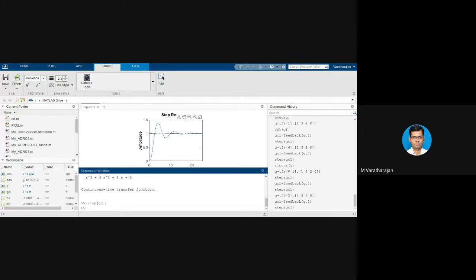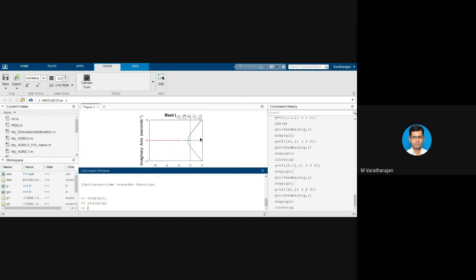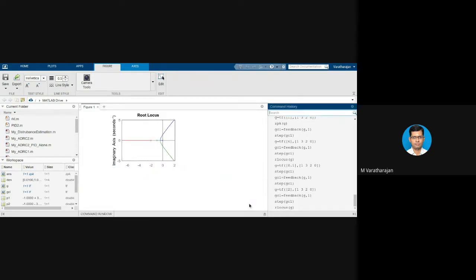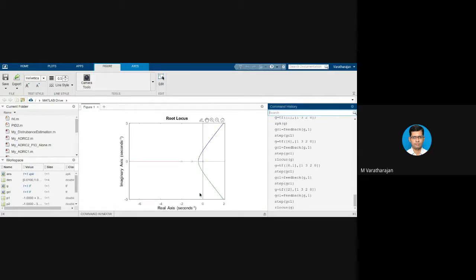This happens because your pole position in closed loop has some kind of imaginary part. That information can be fetched from the root locus. Now here you see, for a very low value of k, the poles will be on the real axis itself.